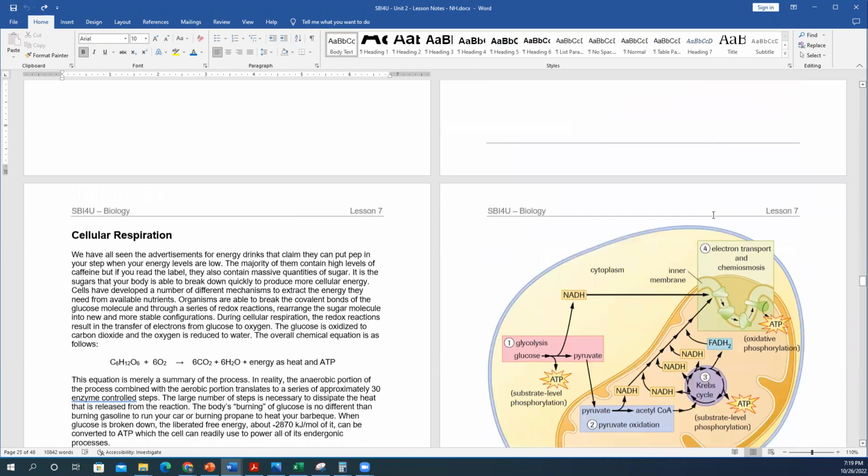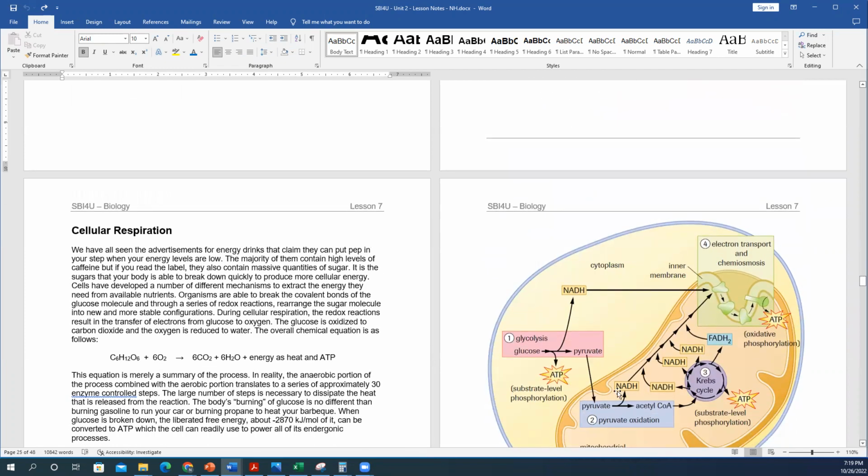And finally, all these electron carriers, NADH, FADH2, they all pass down the electron transport chain, and finally create quite a large amount of ATP through this process of oxidative phosphorylation.